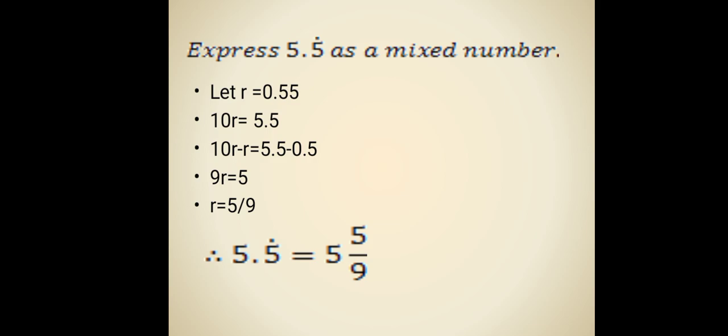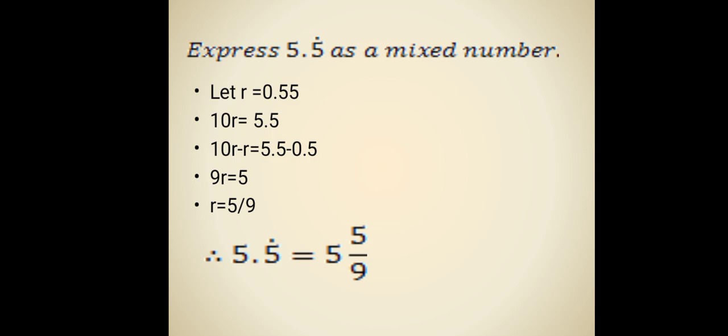So you get that 9R is equal to 5. So R is 5 over 9. So 5 over 9 is the fraction for 0.5 recurring. So we have 5, our whole number, and the fraction 5 over 9.